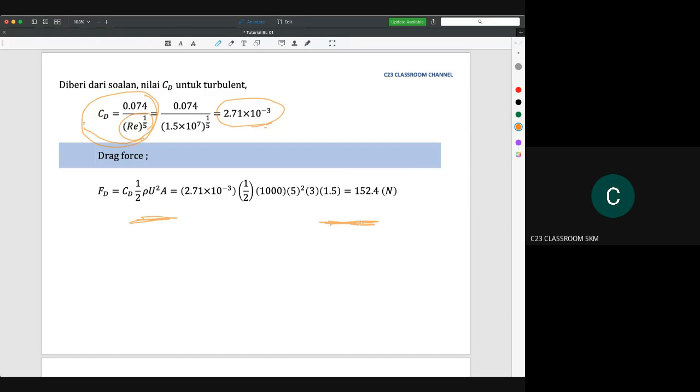What you need to understand here is this amount of force only considers one side of the plate. If your question asks you to calculate the total force, you need to times 2, because at the bottom here the same amount of resistance occurs. So you need to times 2.